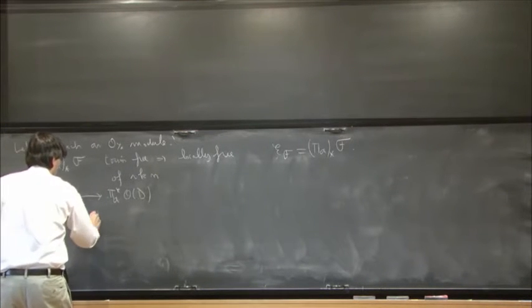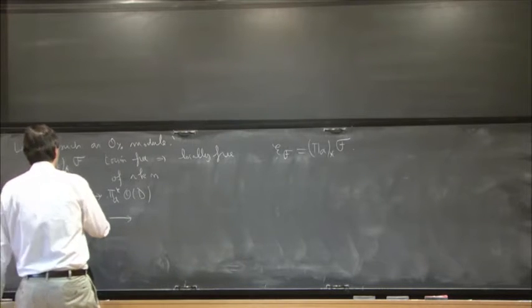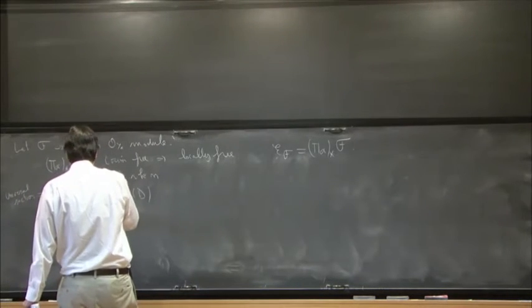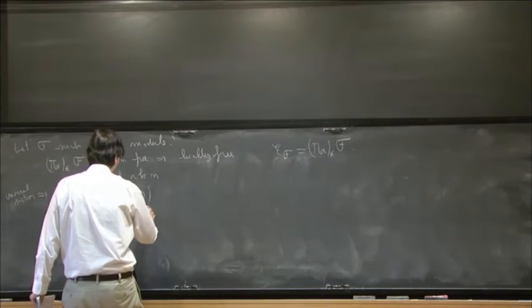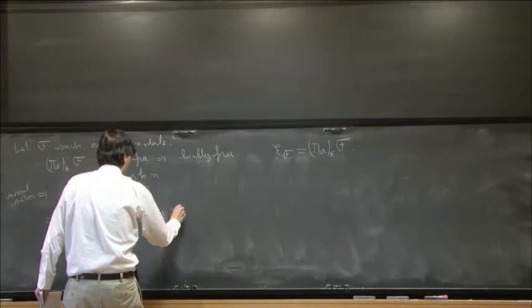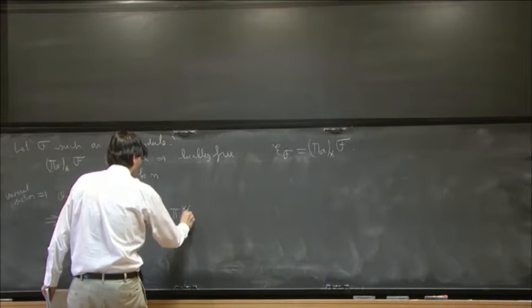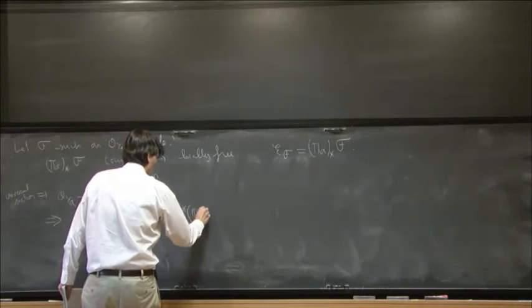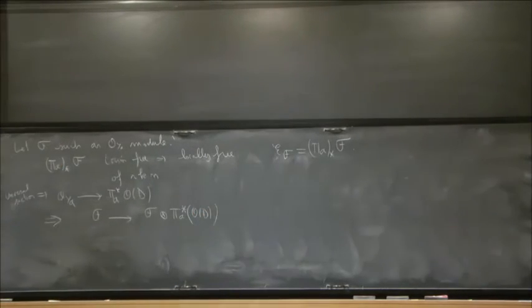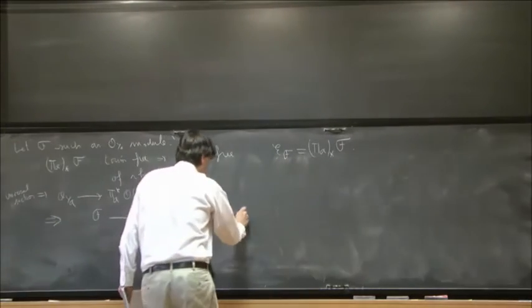And you get a morphism by tensoring with F, from F to F tensor the pullback of O(D). And you can push forward.